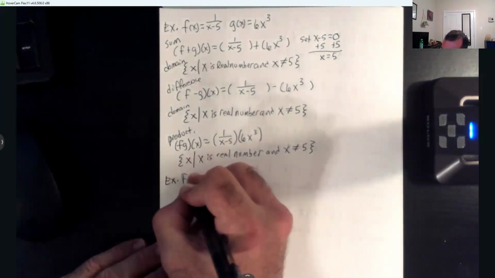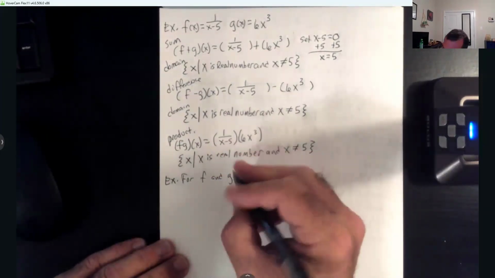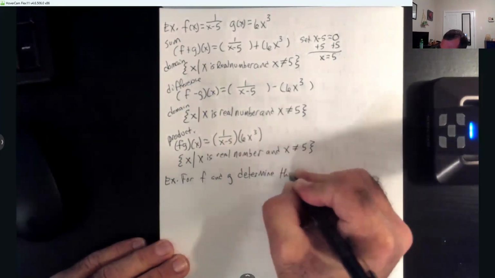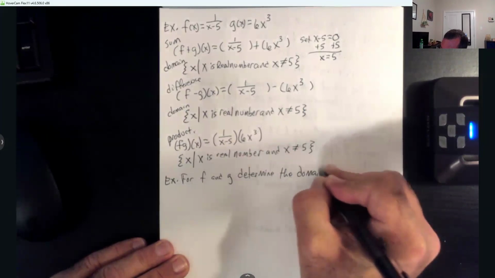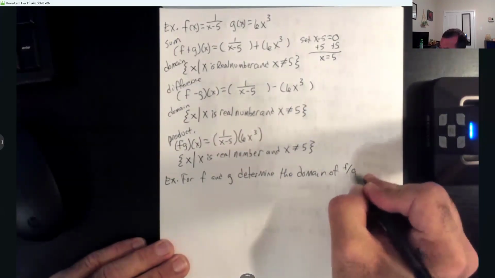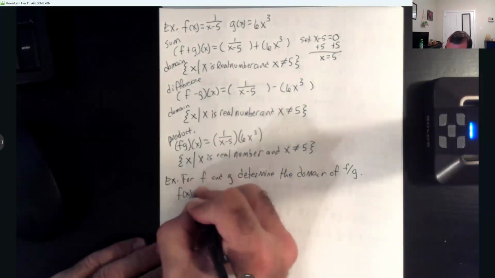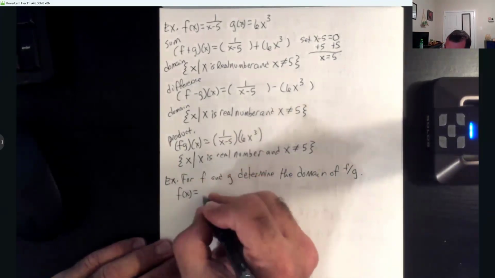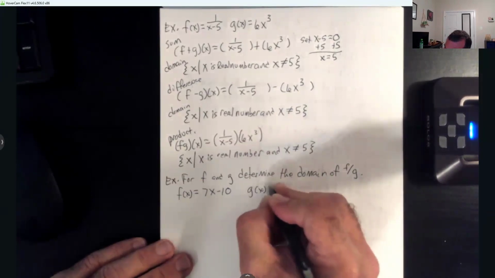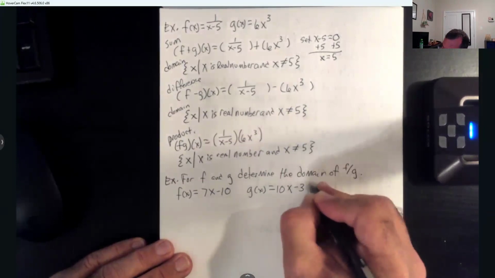So for F and G, determine the domain of F divided by G. Now y'all, F of X is going to equal 7x minus 10. G of X is going to equal 10x minus 30.